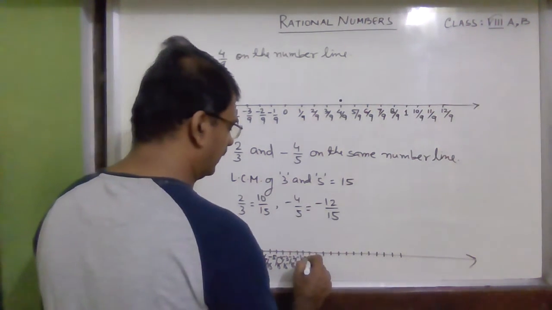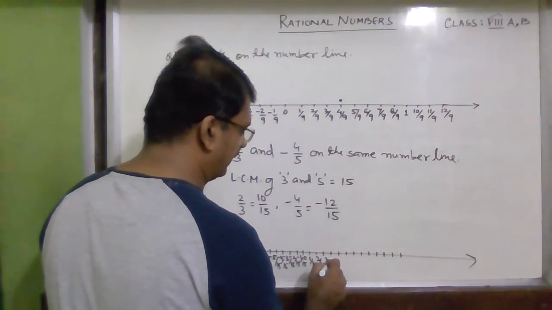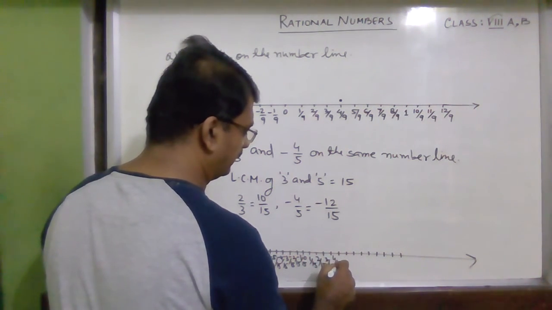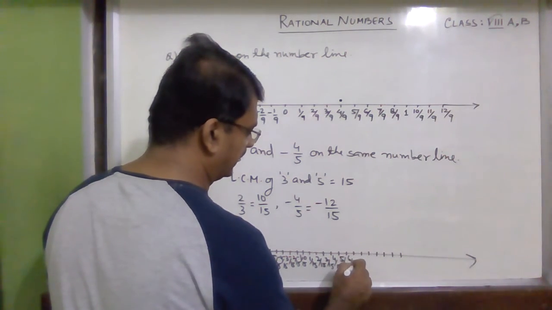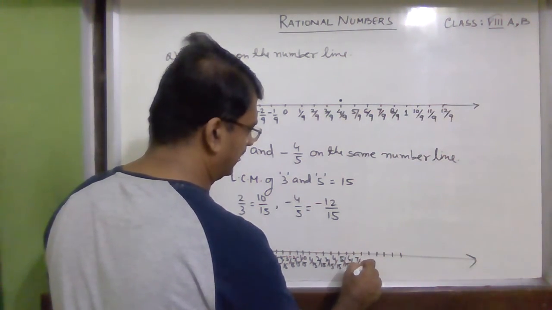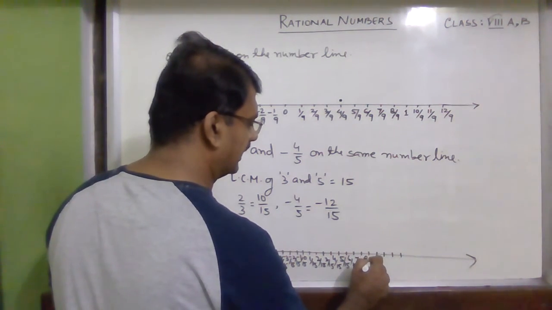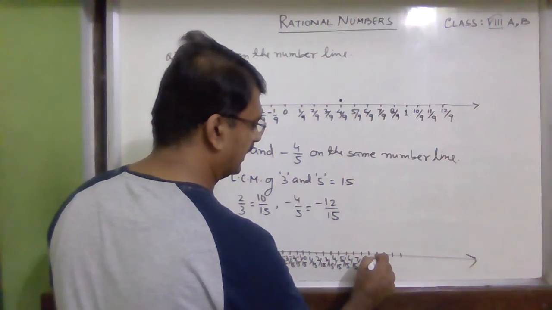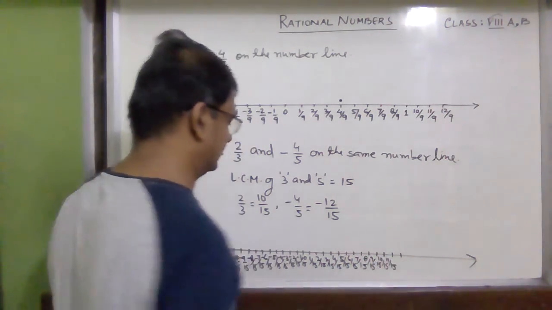And then 1 by 15, 2 by 15, 3 by 15, 4 by 15, 5 by 15, 6 by 15, 7 by 15, 8 by 15, 9 by 15, 10 by 15, 11 by 15, like this.